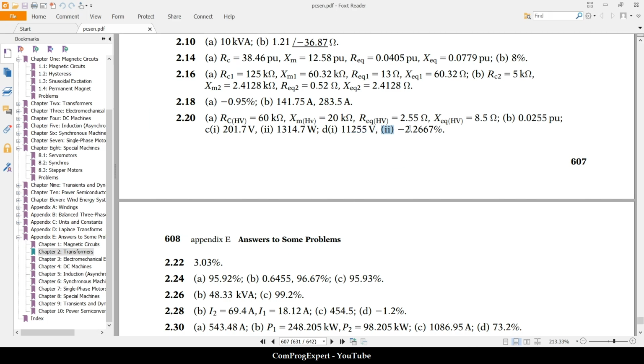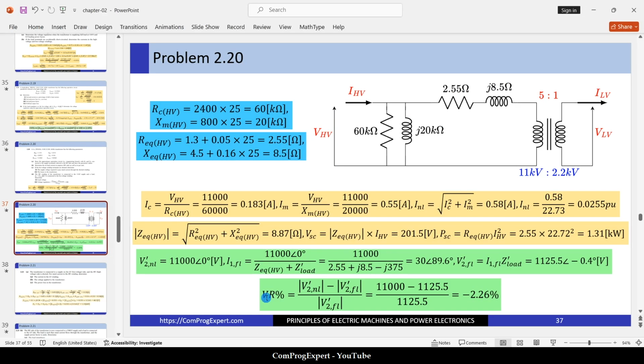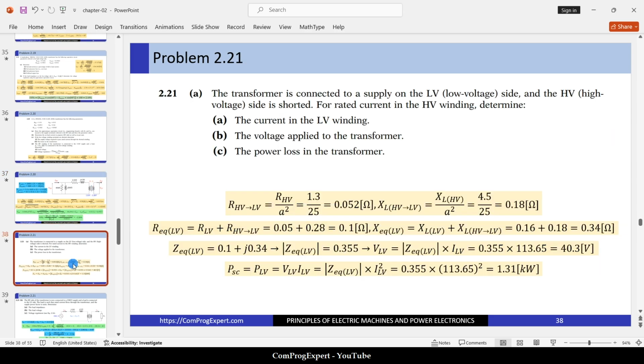This number that we have here for problem 20. So, okay, you can redo the calculations and solve and practice this problem. Let's go for the next problem.